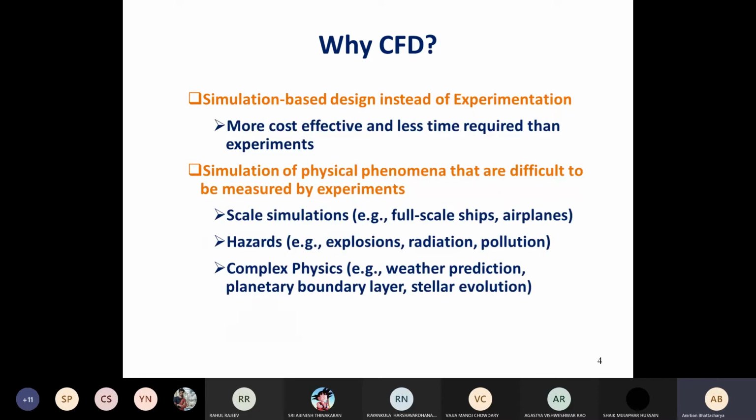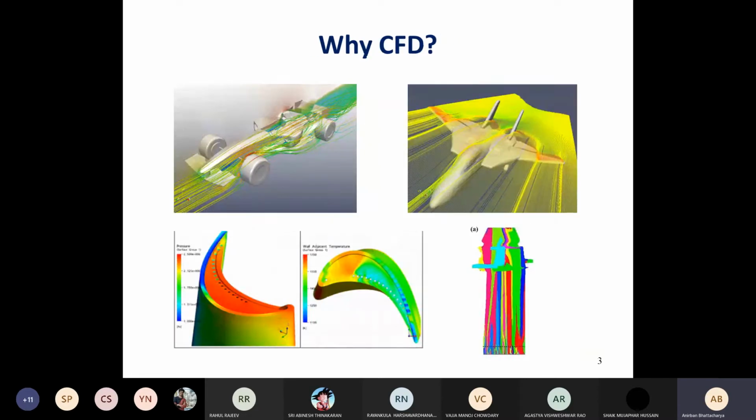And we have gone through a couple of examples on why CFD is required, what its advantage is as compared to the other two methods. The other two methods are the experimental process and analytical solution. So we have seen that CFD is advantageous as compared to analytical solution because it is more versatile. We can deal with very complex problems.